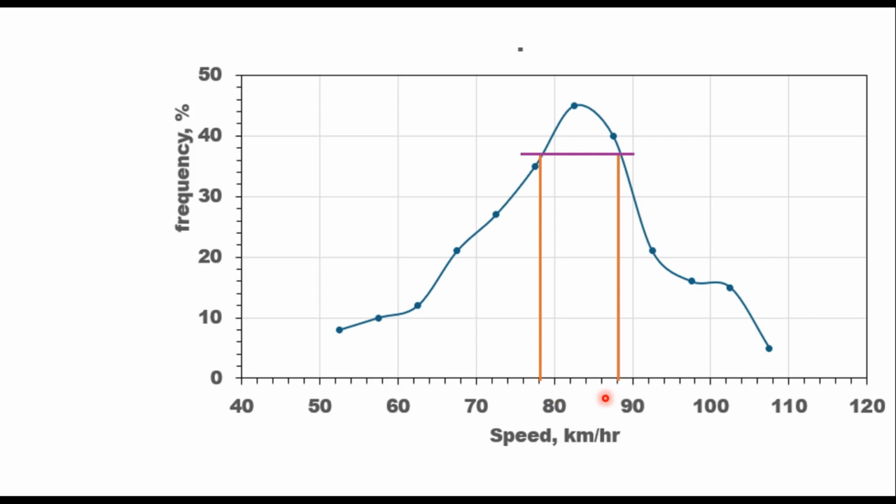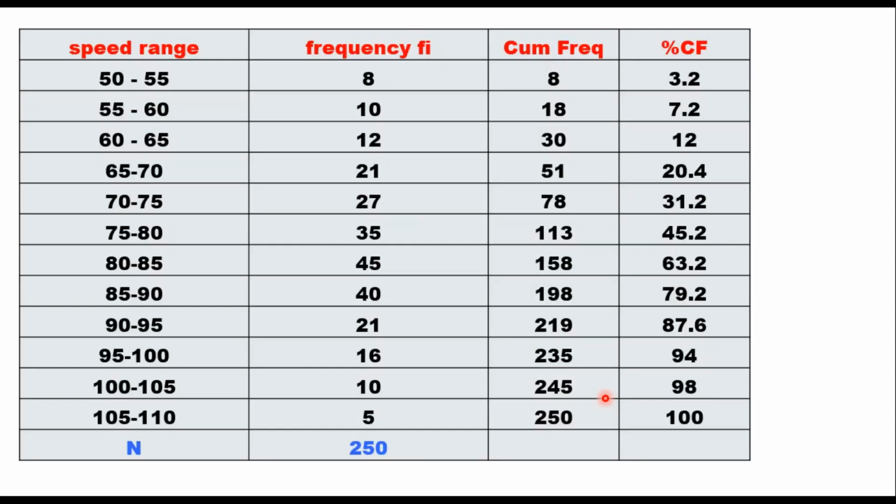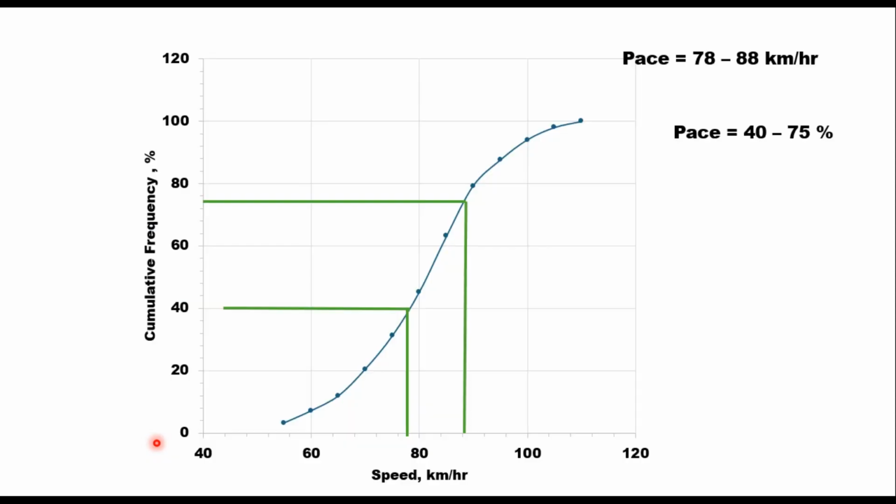To determine the percentage of this speed from 78 to 88, we go to the cumulative speed distribution curve. Now this is the cumulative distribution curve, percent cumulative frequency. Now you plot this data on the y-axis and the midpoint of the speed range on the x-axis, then this curve will look like this.